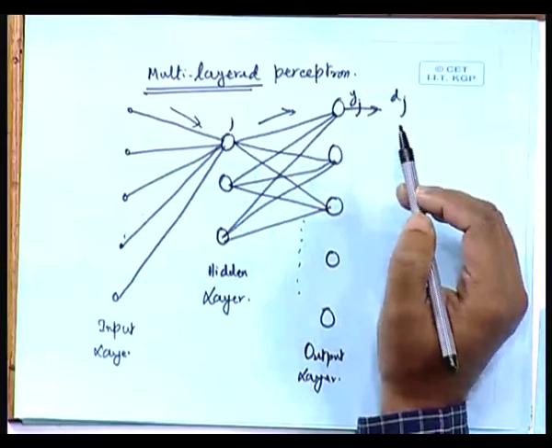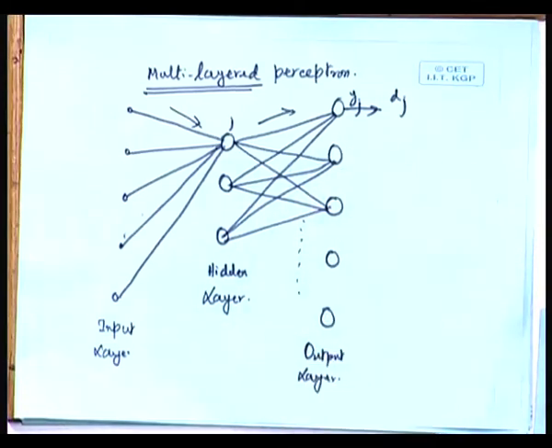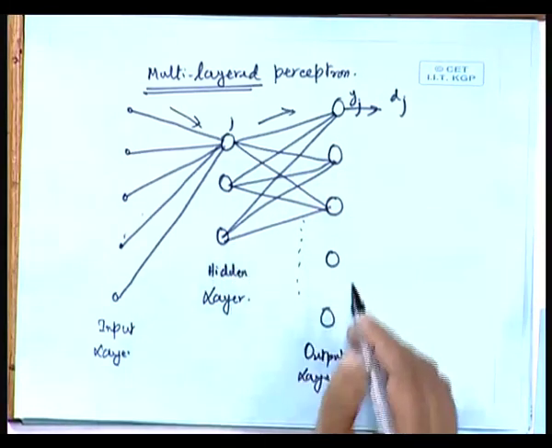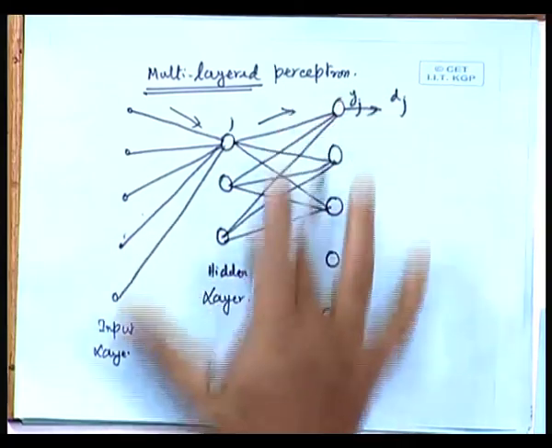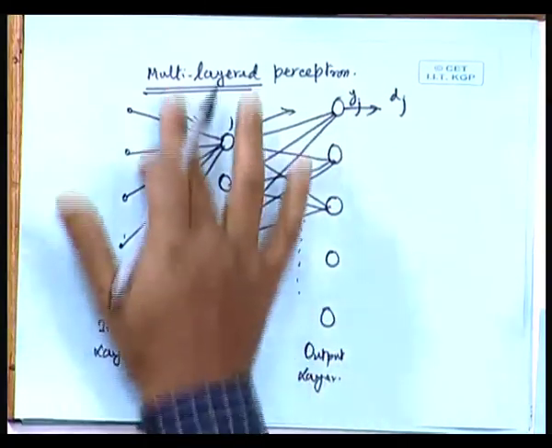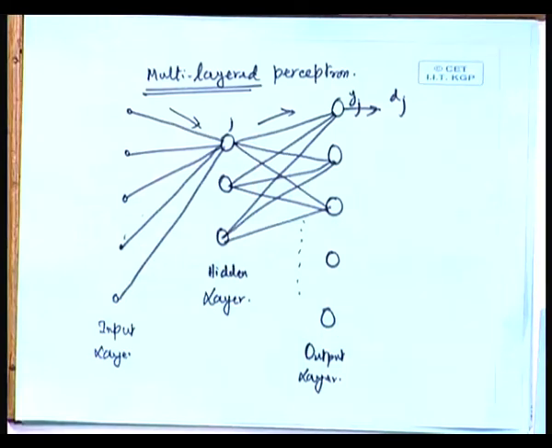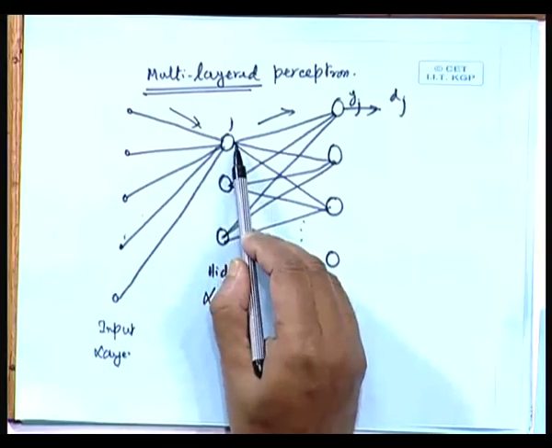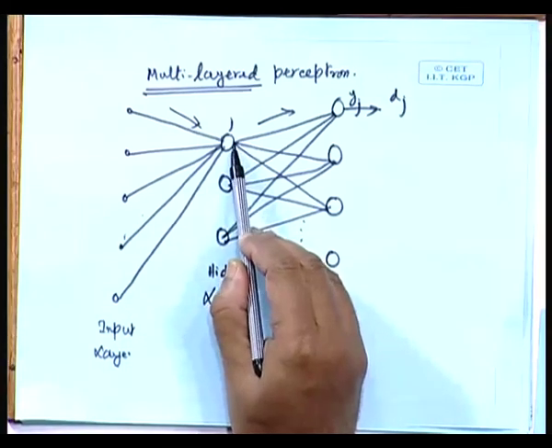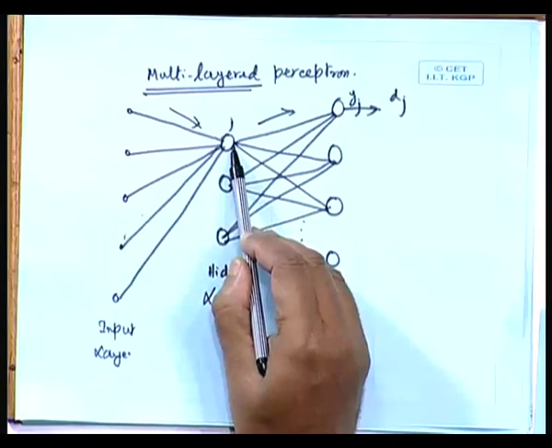But if somebody asks me, that is well and fine, you can adjust the weights belonging to this layer, but how about the weights belonging to this layer? I cannot do it, because in order to adjust the weights over here, I have to get an equivalent picture, that I know what the equivalent desired output should have been at this stage.